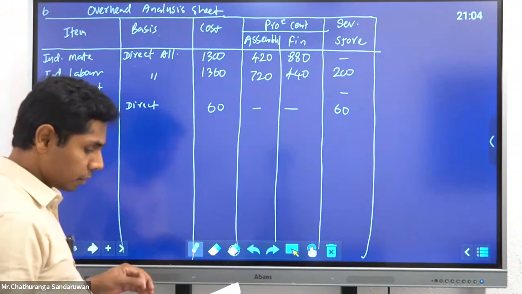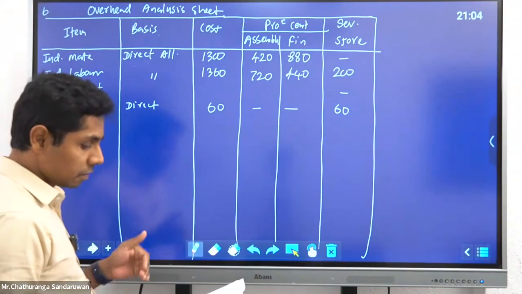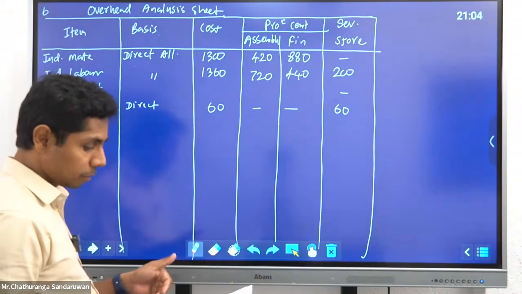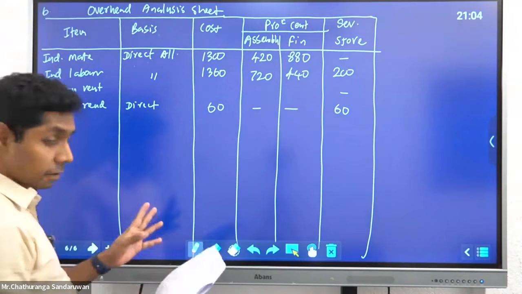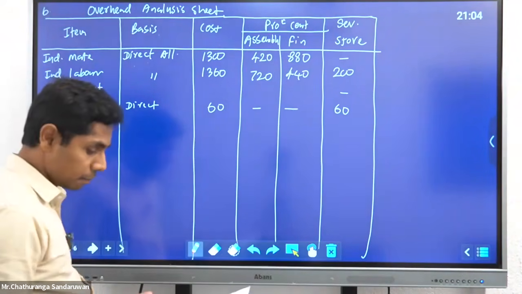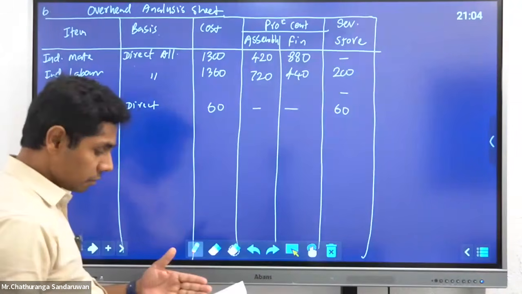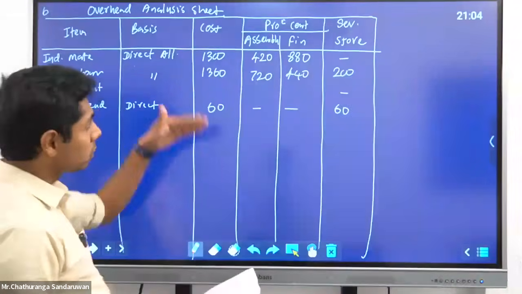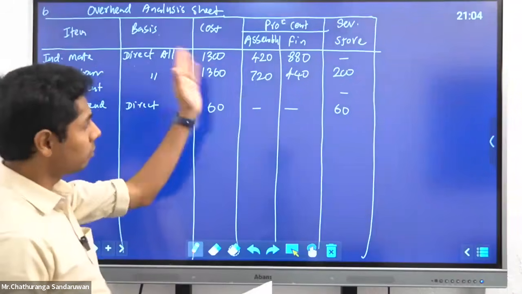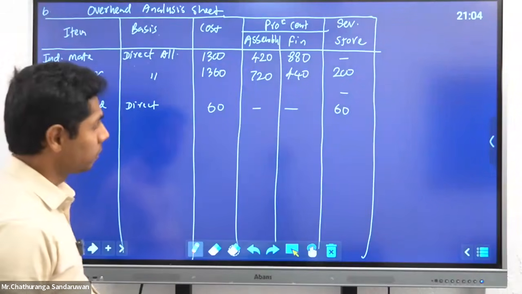So it's not that clear whether this store is in the factory. It's not that sure that this factory rent is relating to the assembly and finishing only or all three.